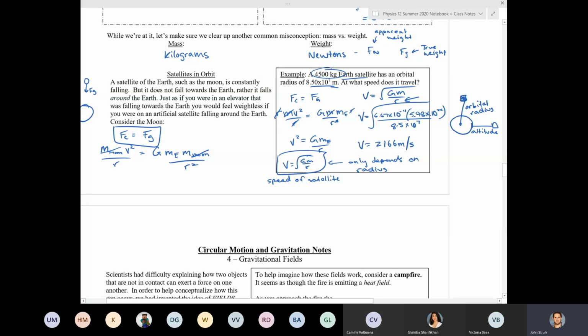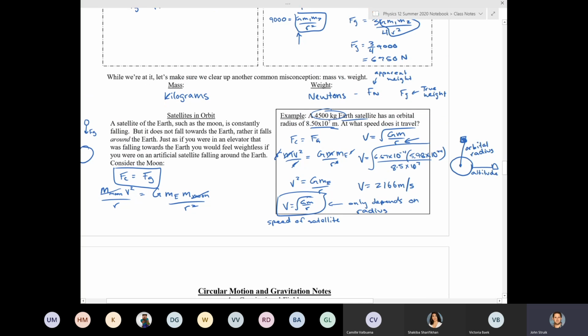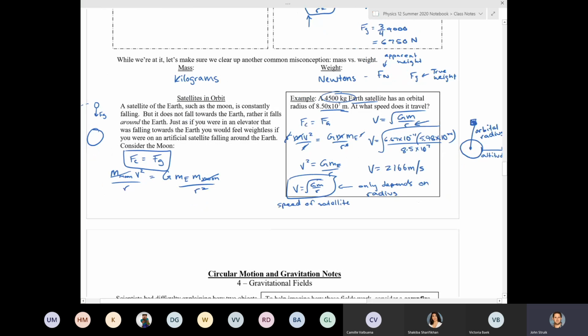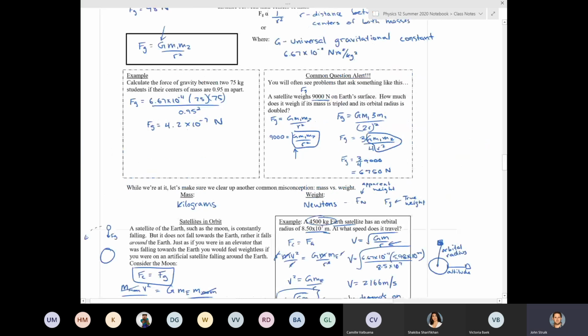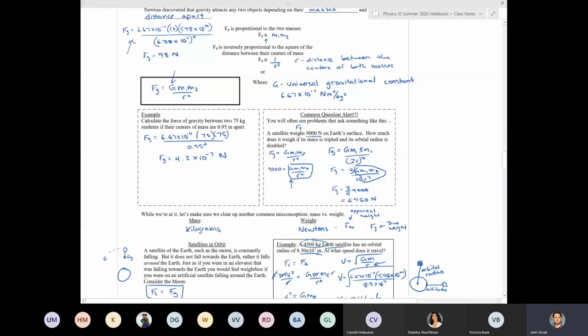The mass of the satellite itself does not matter. So it's a nice tidy little equation for us. So that is an introduction to satellites and applying gravity to satellites.